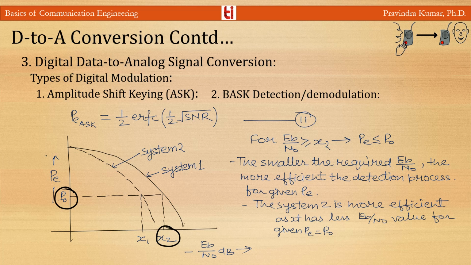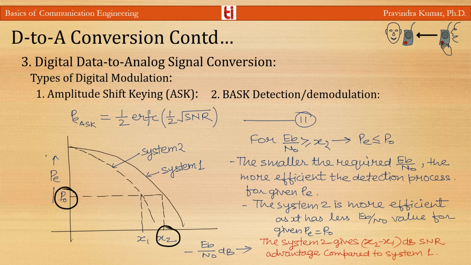The smaller the required EB by N naught, the more efficient is the detection process for a given probability of error. For a given probability of error P naught, system 2 is more efficient as it has a lower EB by N naught value, and system 2 gives an x2 minus x1 dB SNR advantage compared to system 1.